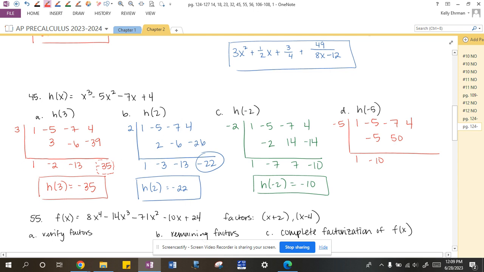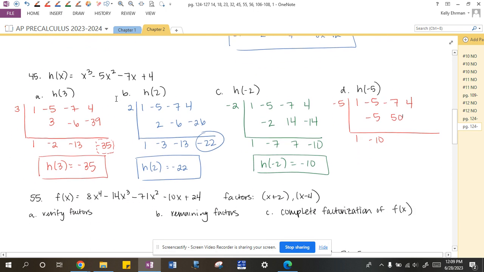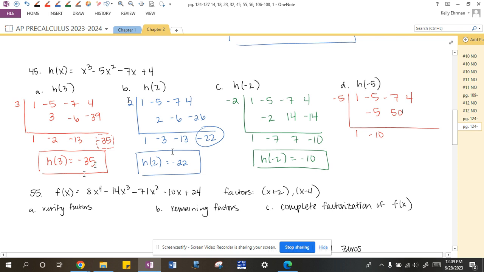So make sure that you're paying attention and you know whether you're supposed to be just dividing and getting an answer or evaluating a function and getting a numerical answer.